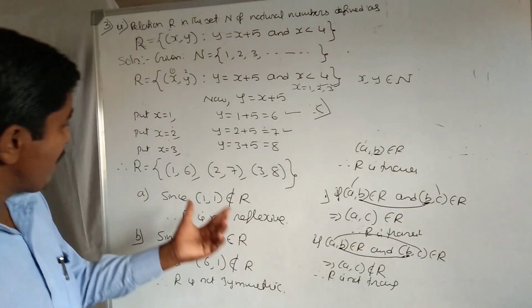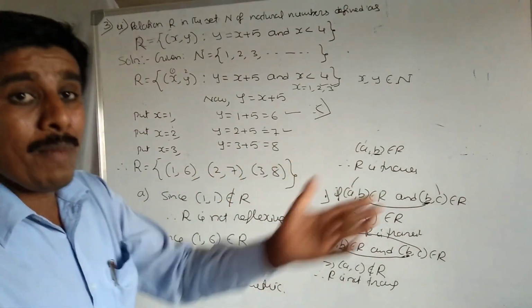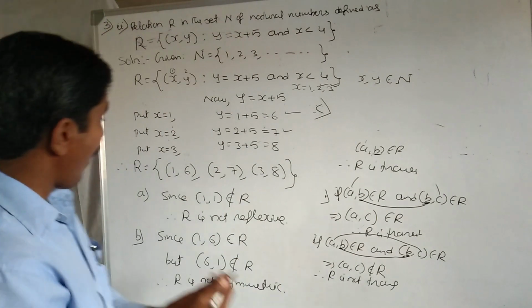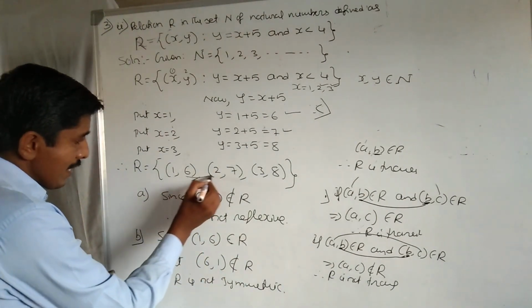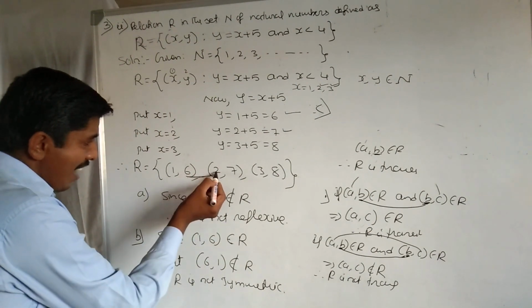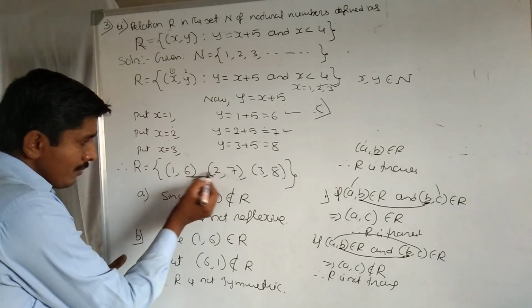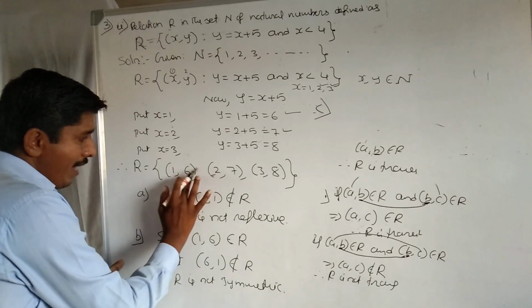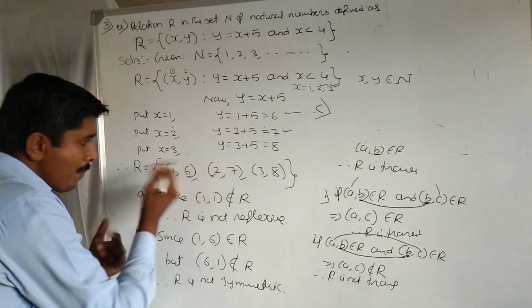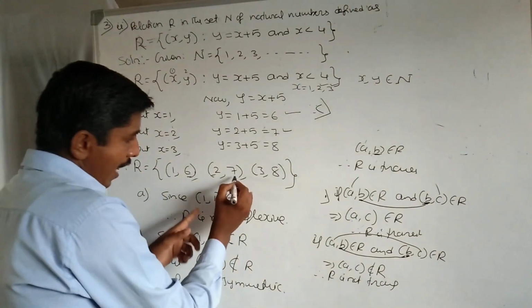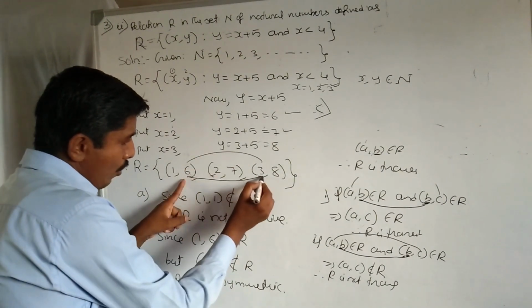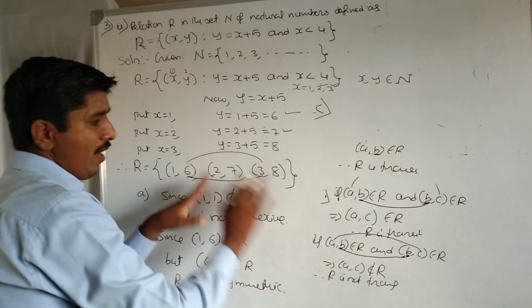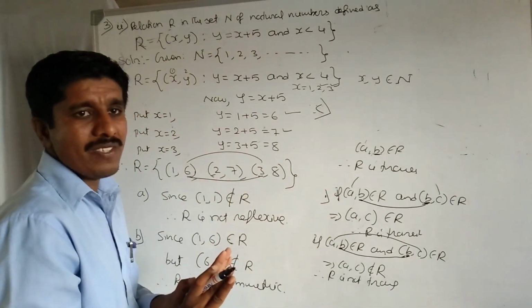Next, what about this one, in which we check whether two ordered pairs have equal middle elements? First, we shall verify. If we take these two ordered pairs, 6 is not equal to 2, therefore no need to verify here. This ordered pair itself is transitive. Next, if you take these two, 6 is not equal to 3, so no need to verify whether (A, C) belongs to the relation.